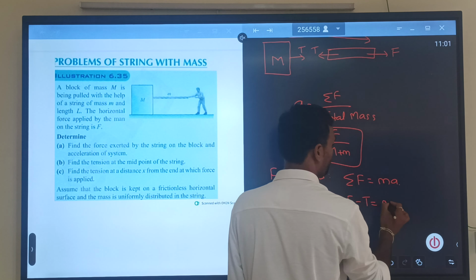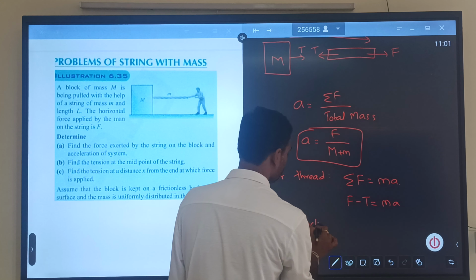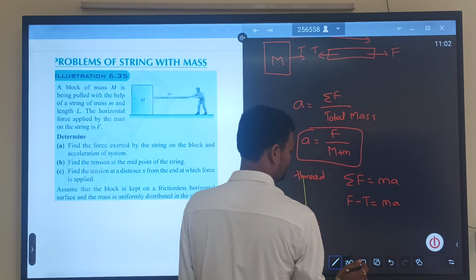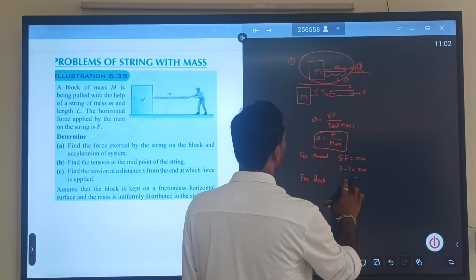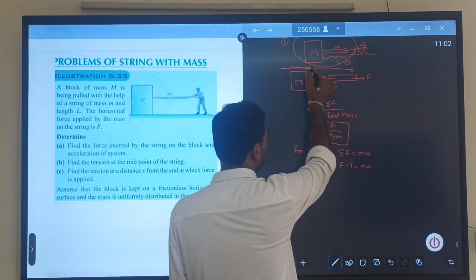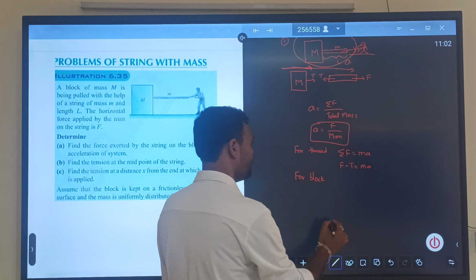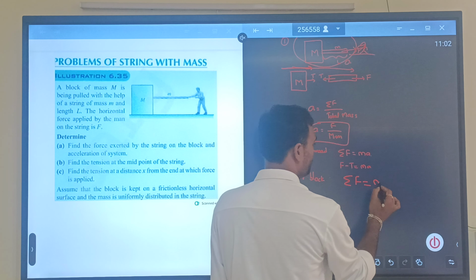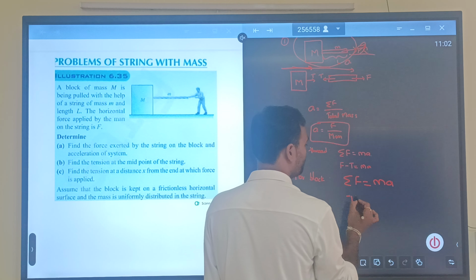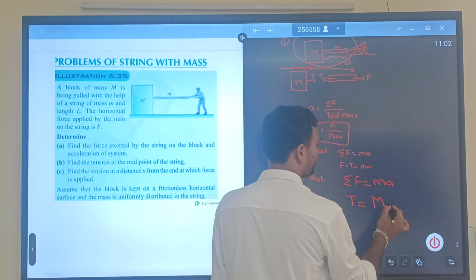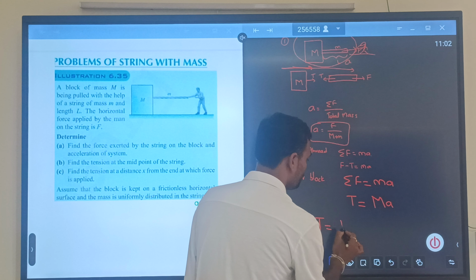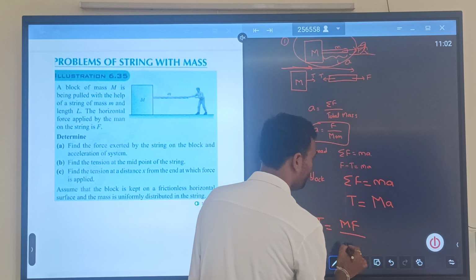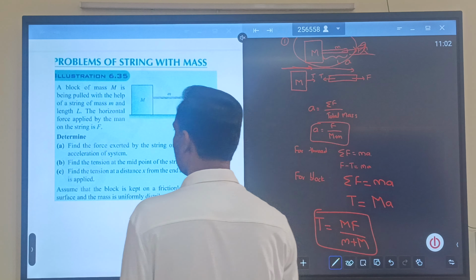Similarly for the block, because of the tension force only the block is moving in the rightward direction, so the sum of all the forces acting equals mass times acceleration. Only the tension force is acting, the mass of the block is M, and the acceleration of the system is a. So T equals M F by (M plus m). This is the tension in the string.